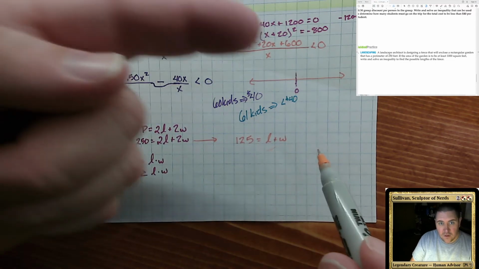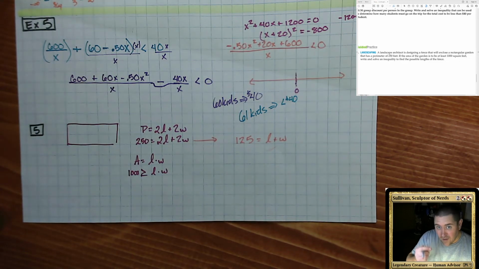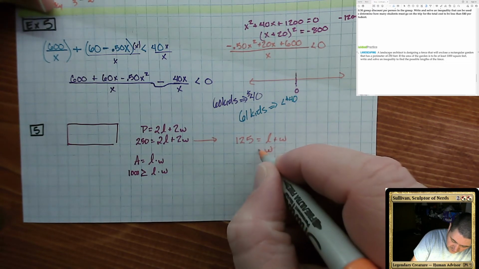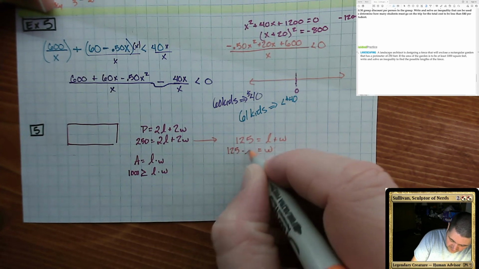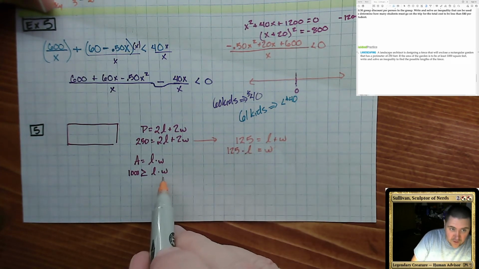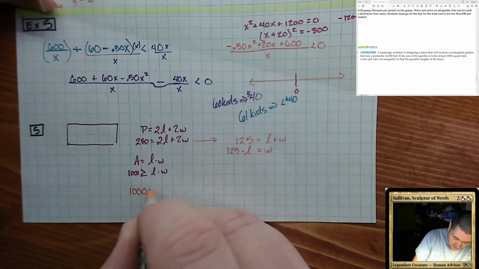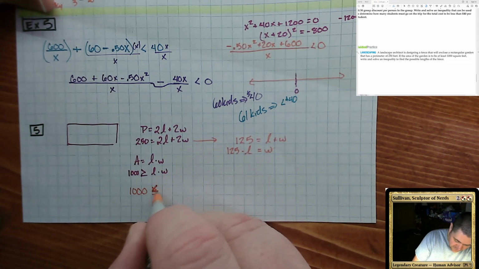Now, if I look at the problem, it says find the possible lengths of the fence. I want L to be there when I'm done, so W is 125 minus L. So I can replace this. At least 1,000 feet. I got this in the wrong direction.